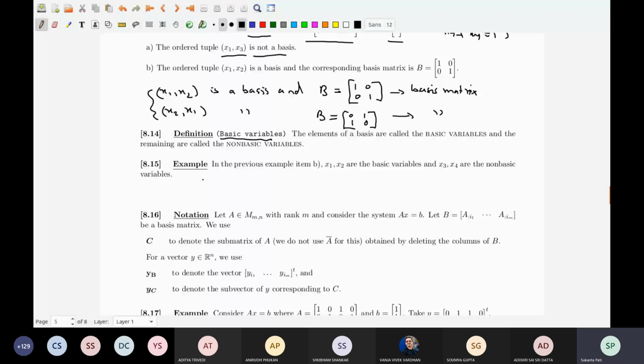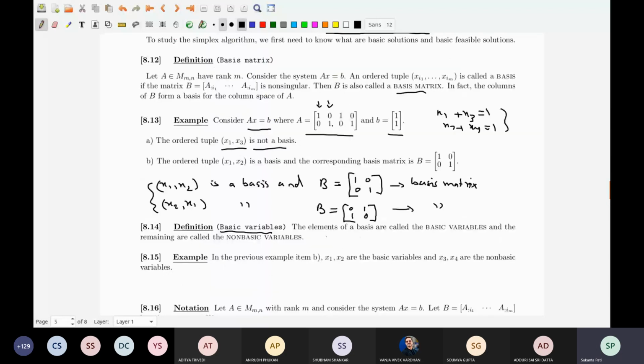You can write other bases also here. For this example, I can take x4 comma x1. This is a basis because the basis matrix over here is 0 1 1 0.